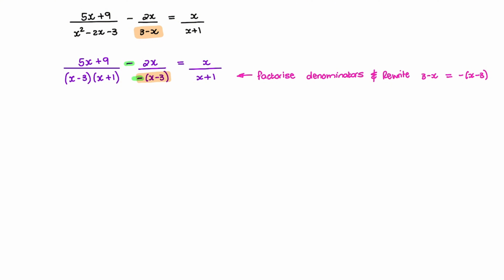And if I investigate the denominators, I notice that in the second term I have 3 minus x, but in the first term we only had x minus 3. So the second term is the wrong way around compared to the first term. And what you can do is you can factor out a negative, or we can do a sign change.